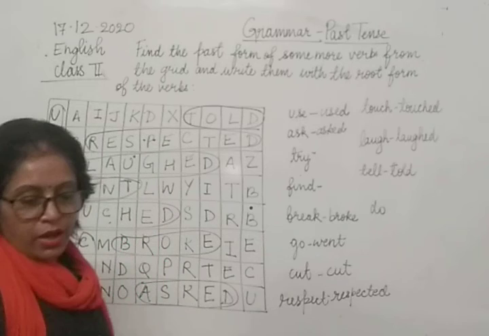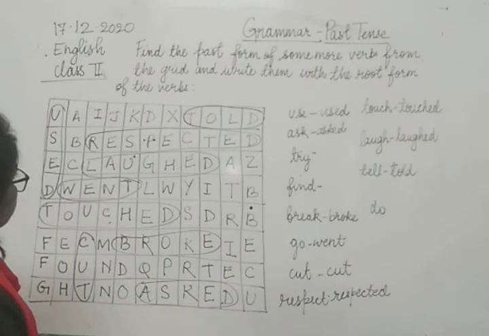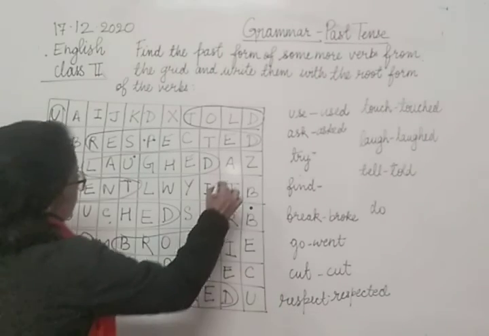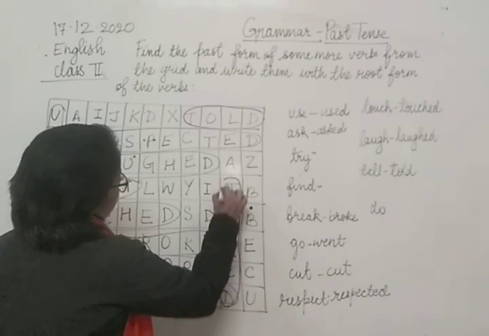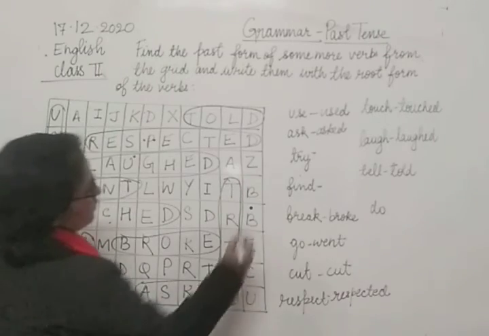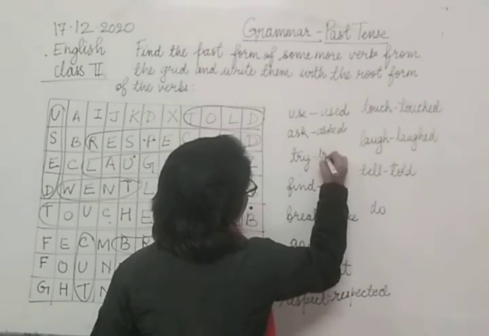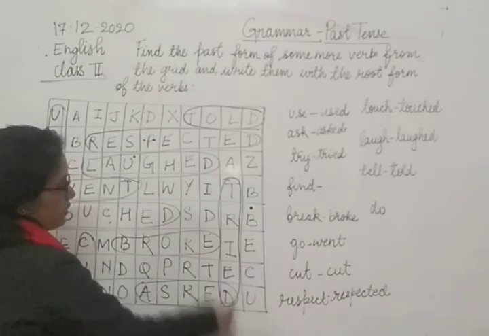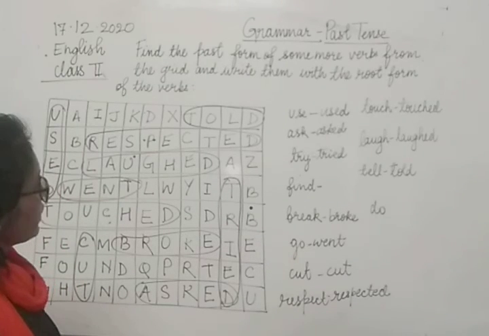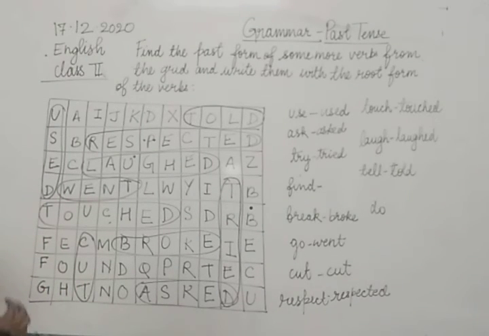हो गया. अब हमारा क्या बचा है, tried. ये यहाँ पे है this one tried. है ना, tried. अब क्या बचा, find बचा और do बचा. तो find का क्या होगा, found. तो found कहाँ लिखा है, आपको दिख रहा है कहीं पे found.